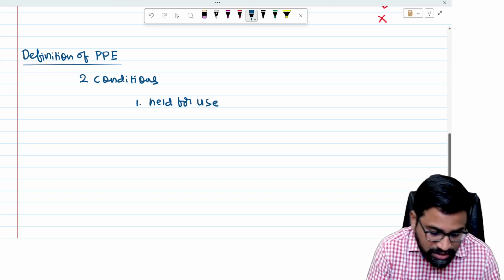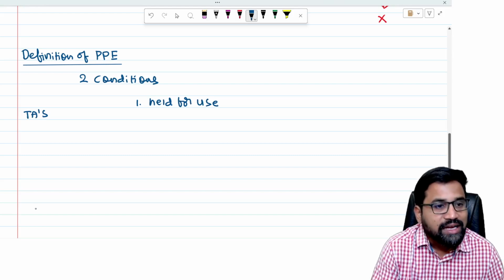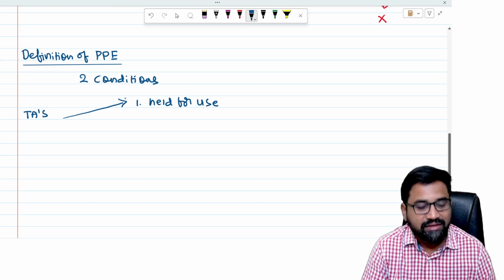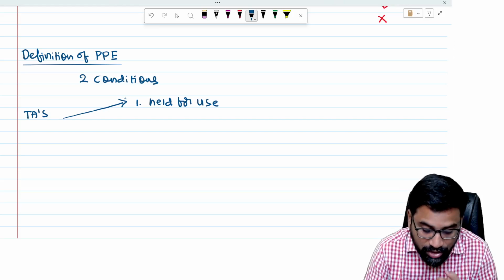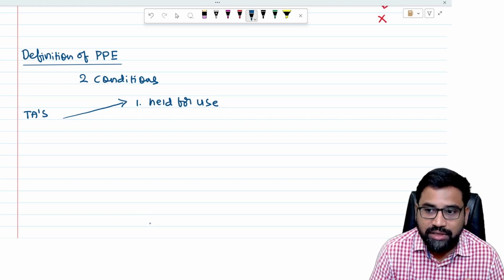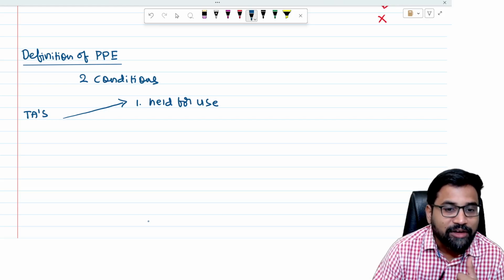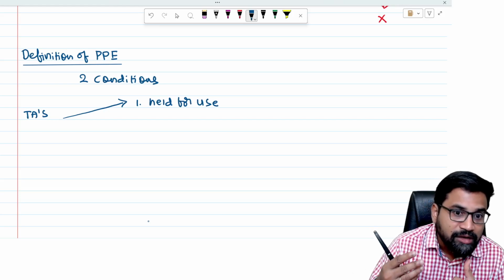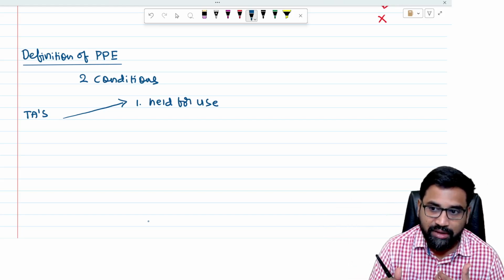So PPE are tangible assets, and the organization holds them for use. Held for use where? Held for use in production, supply of goods or services, or for rental to others, or for administration purposes.